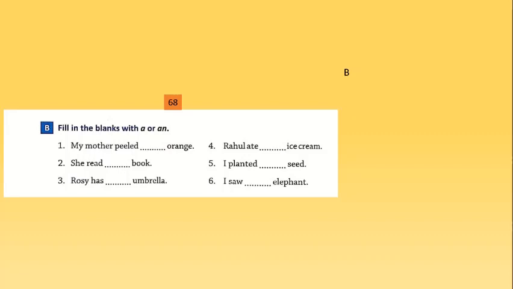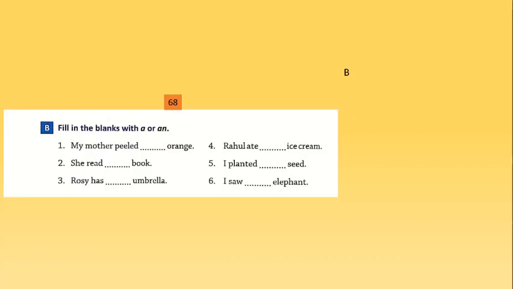We will look at the next word after the blank and decide whether to use a or an. If the next word begins with a vowel, we use article an, and if the next word does not begin with a vowel, that means it begins with a consonant, so we use article a.